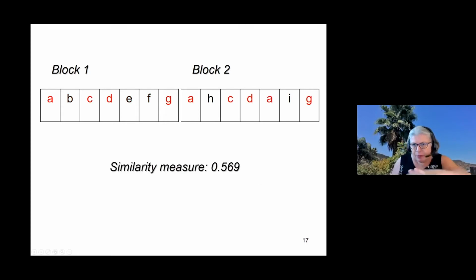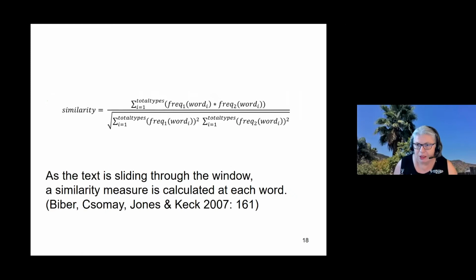So let me move on and see what happens in an in-between scenario where some words are the same, like ACD, ACD, A again. So some words are different, but some words are not. And then the similarity measure will be, again, neither 1 nor 0, but somewhere in between 0 and 1.